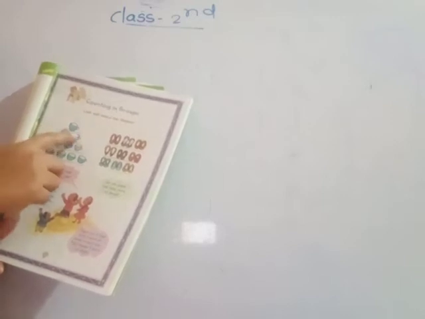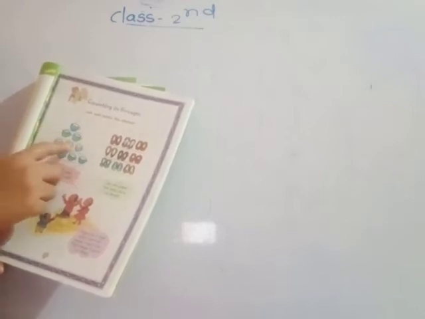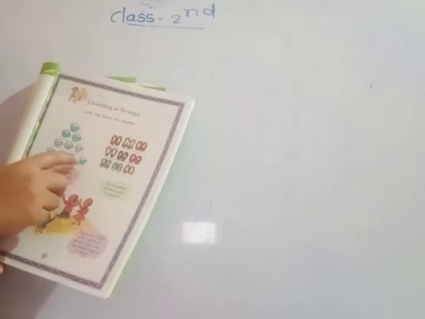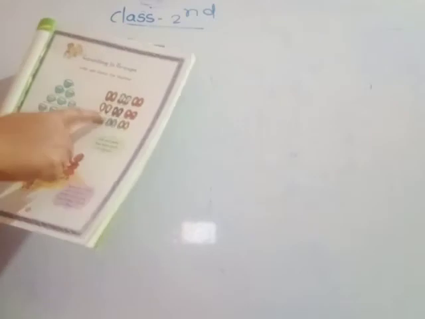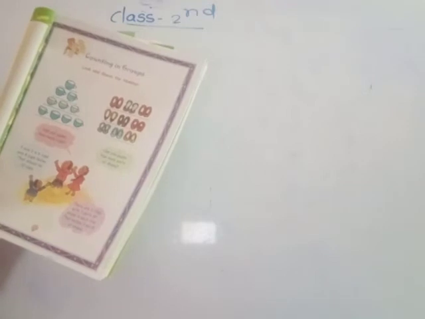Then you count here how many cups. 1, 2, 3, 4, 5, 6, 7, 8, 9, 10. Here 10 cups. Then the next figure. Can you guess how many pairs of shoes? Not only shoes, pairs of shoes.